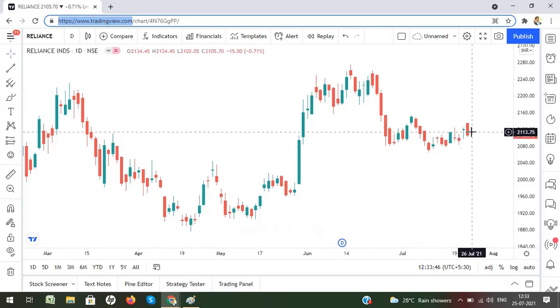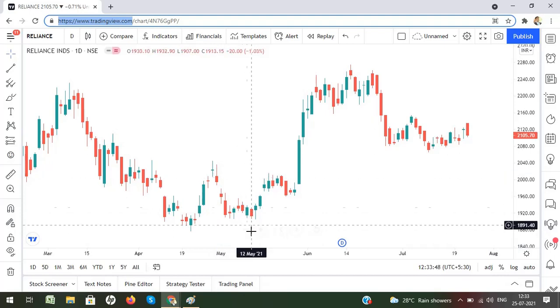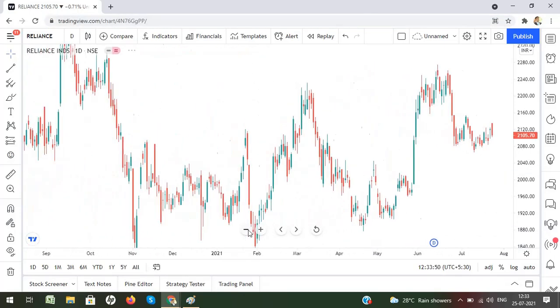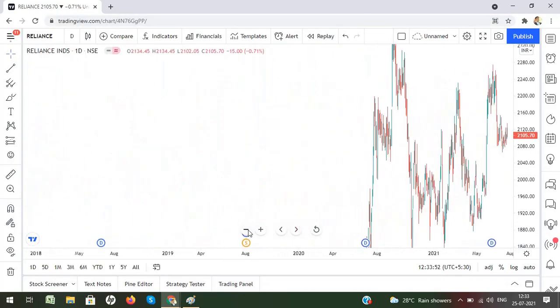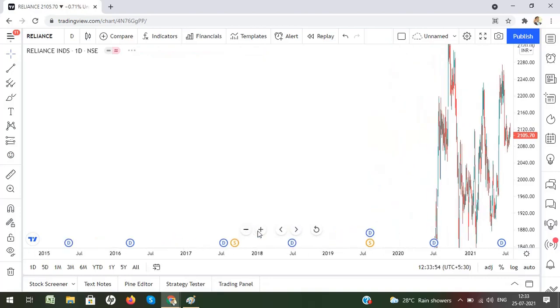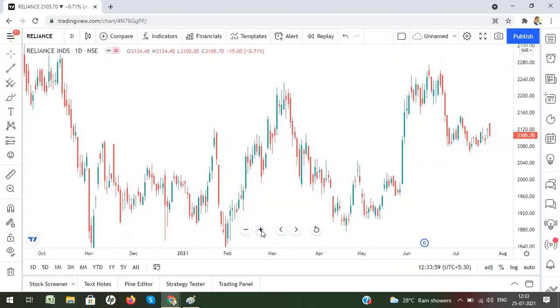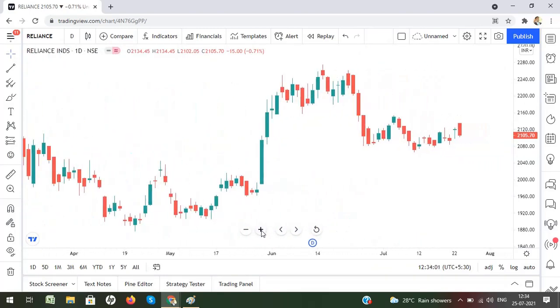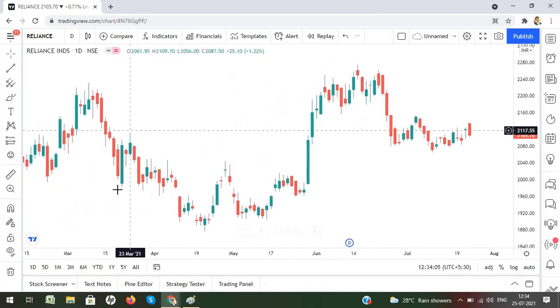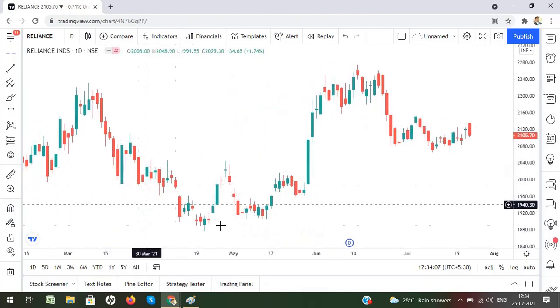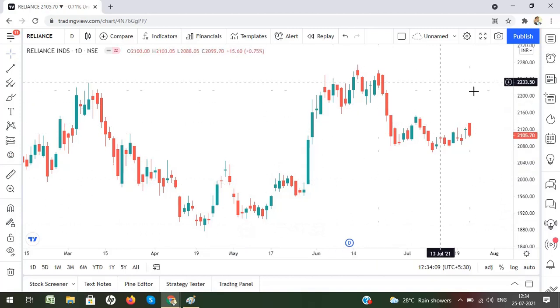Now you get this information going back into the history as well. So you can go back into the history and try to find out what was the price of that asset class on that particular day, month, or year. So we have this data going back into the history as well. Now on the y-axis you can see the price.